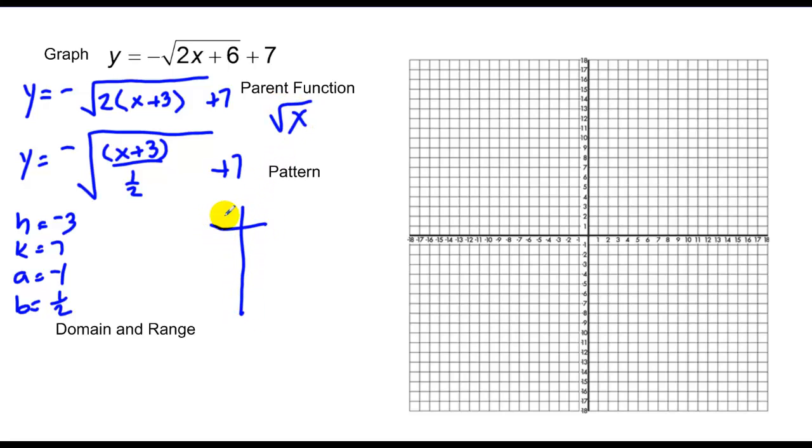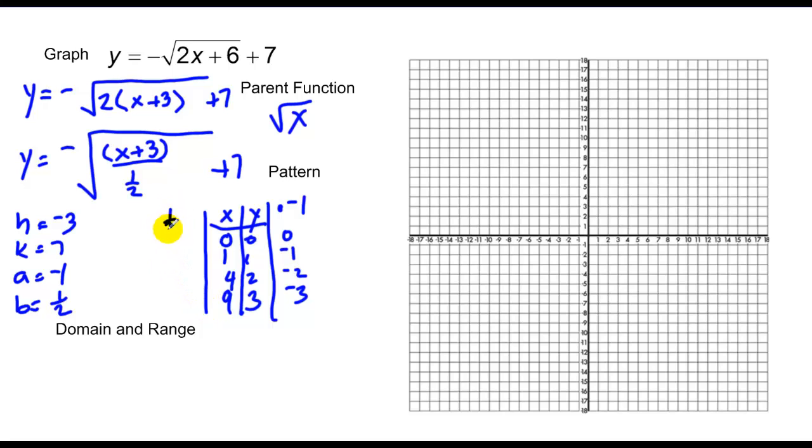0, 0, 1, 1, 4, 2, 9, 3. To all the y's, I'm going to multiply a -1: 0, -1, -2, -3. To the x values, I'm going to multiply a half.